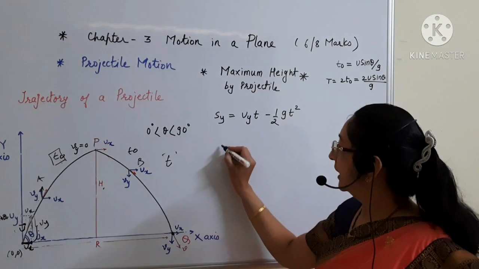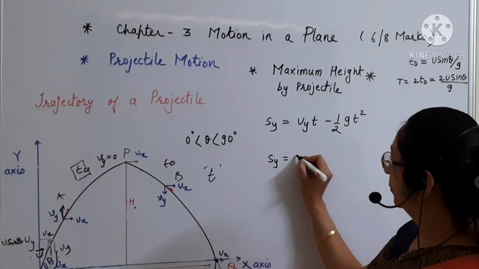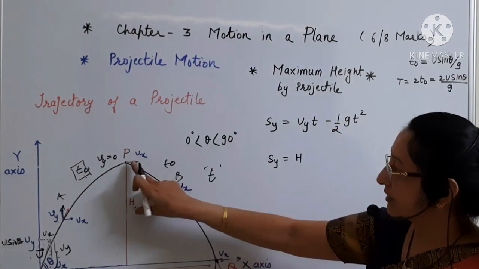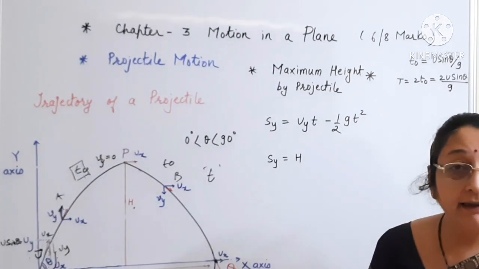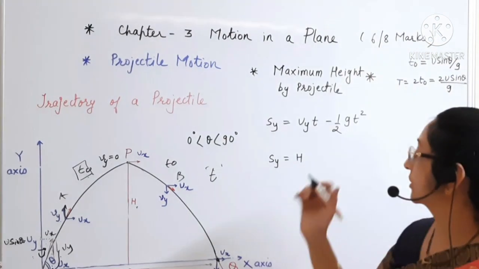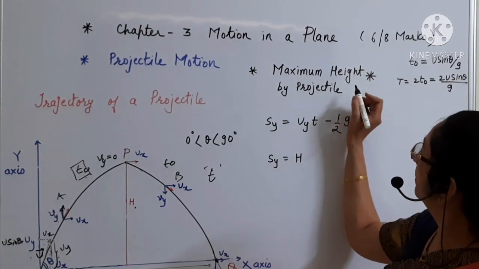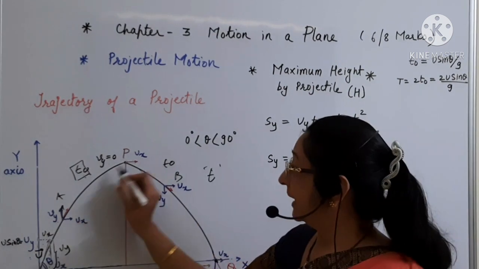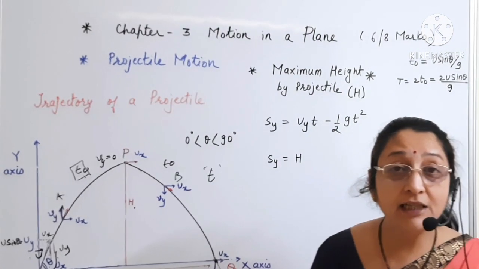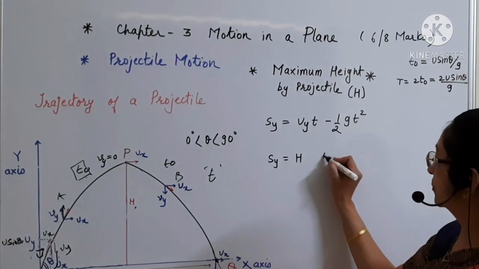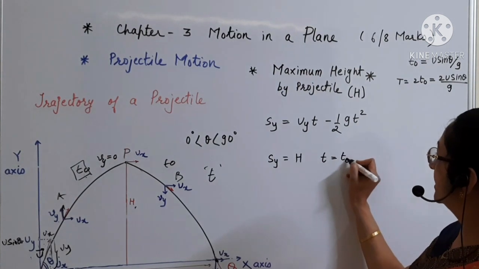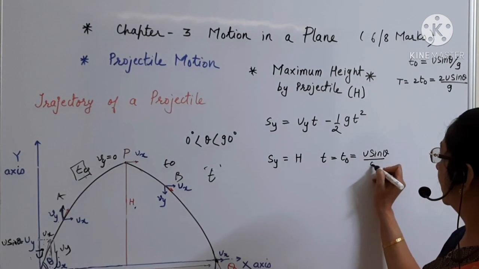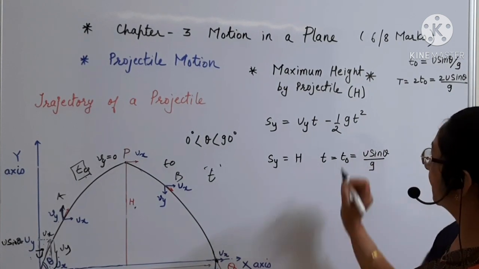Now here Sy is equal to the maximum height of the projectile. Sy is the height: the maximum height reached by the projectile along the y direction, which we call h. In how much time does the projectile reach the maximum height? In t0 time. So t is equal to t0 equal to u sin theta upon g.